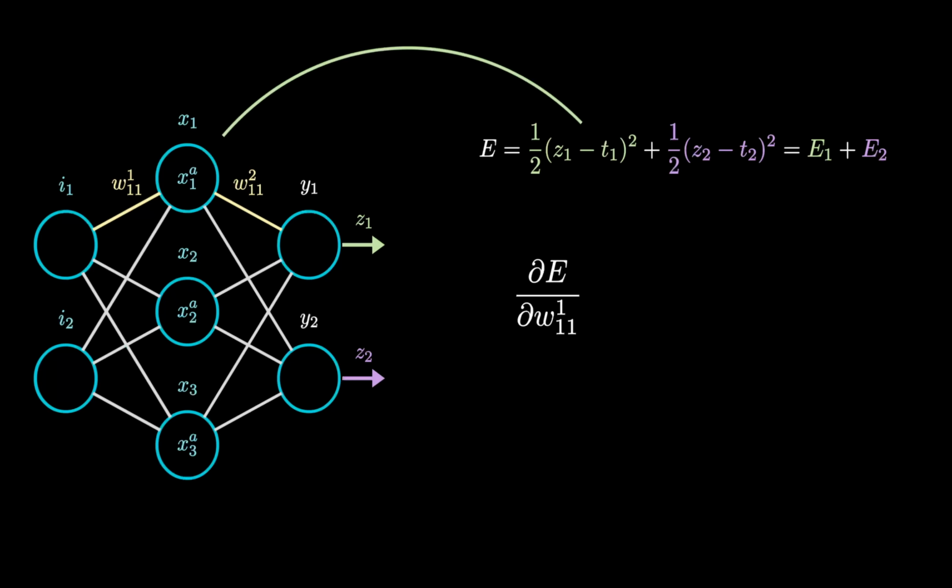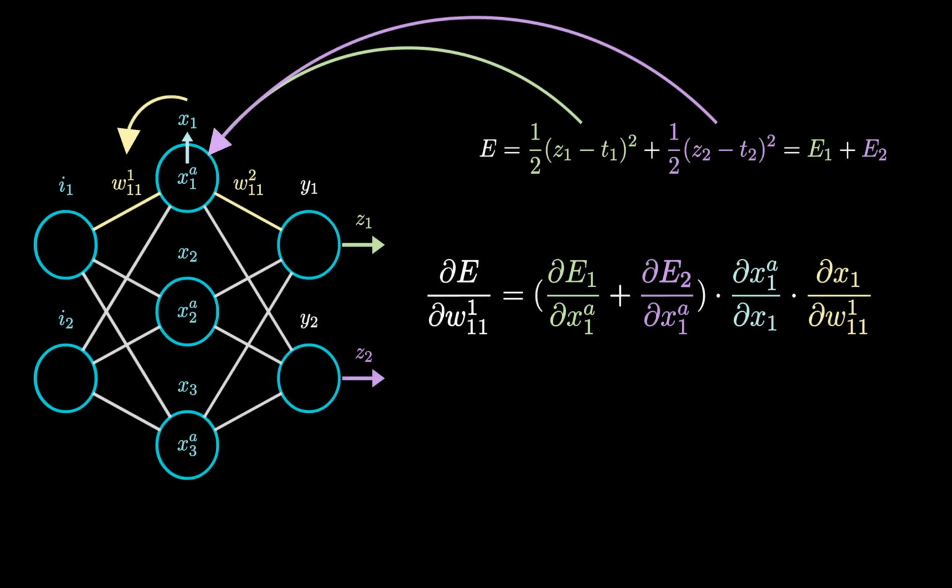Using the chain rule as the arrows show, we first calculate the change of each element of the sum in the error function with respect to the activated output of the hidden layer. Then we calculate the change of the activated output with respect to the raw output. And finally, the change of the raw output with respect to the weight. This gives us the necessary components to update the weights in the hidden layers.